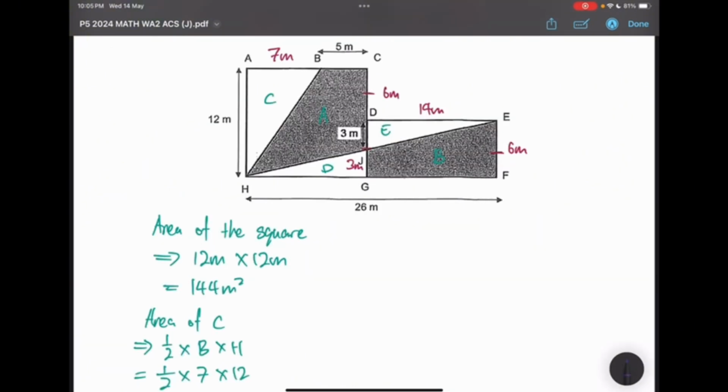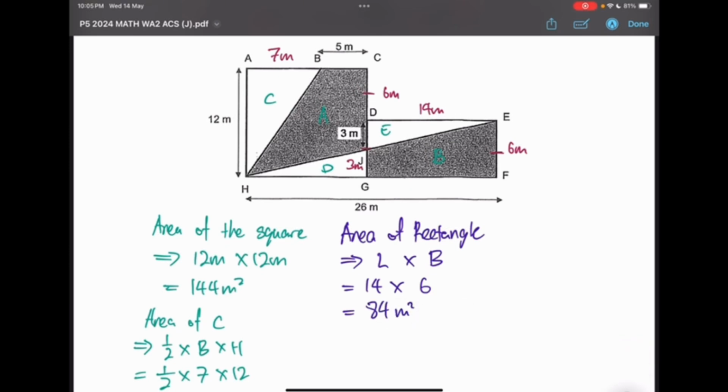Now, moving on to shaded part B, I want to first find the area of the rectangle. The formula to find the area of a rectangle is just length times breadth, which is simply 14 meters multiplied by 6 meters, and that would give me 84 meters square.